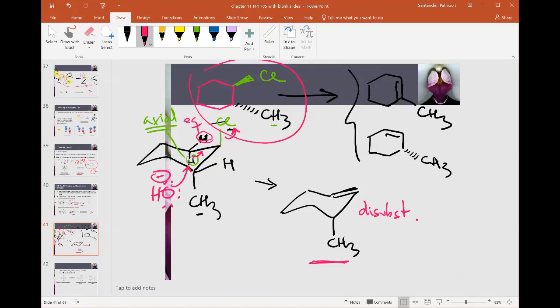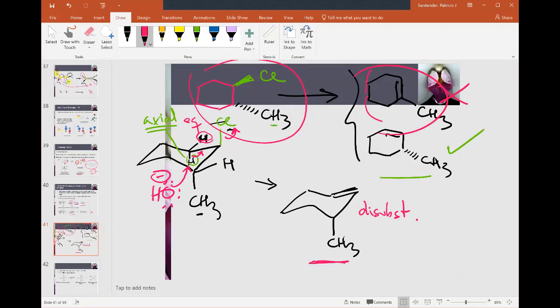Based on the stereochemistry of the starting material, the relative position of the methyl group and the chlorine, we can figure out which one of the two alternative products is the one that will really form. So the one that really formed was this one, and the one that didn't form was the upper one, right? So this one here didn't form at all.